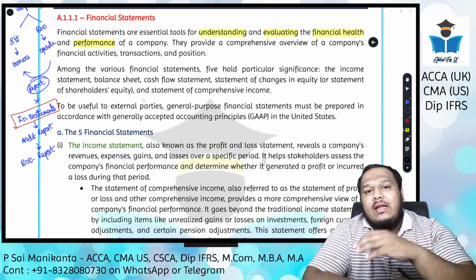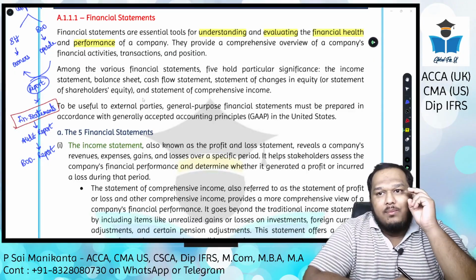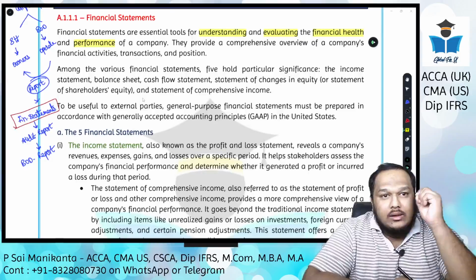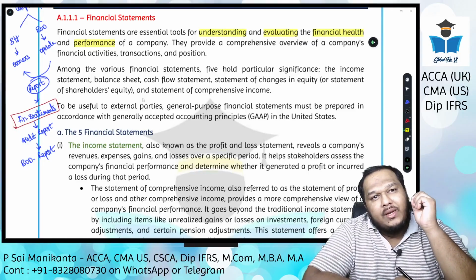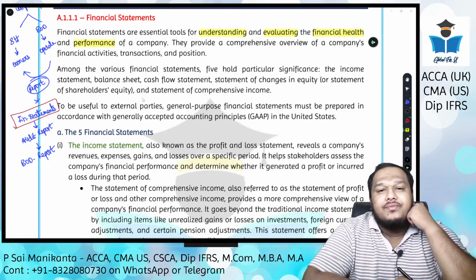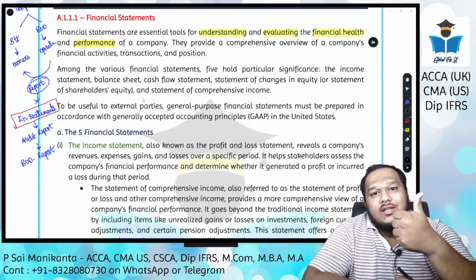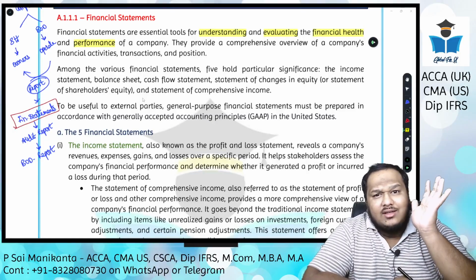What would be the two things that will be considered by the bride's parents? First one, how much is he earning? Second one is how much wealth does he have?